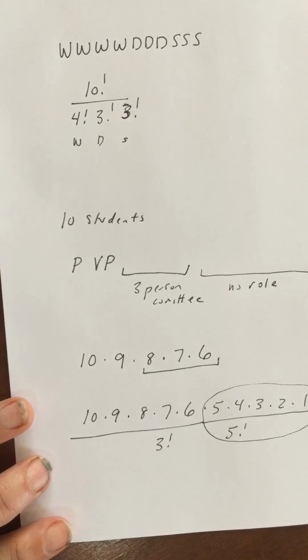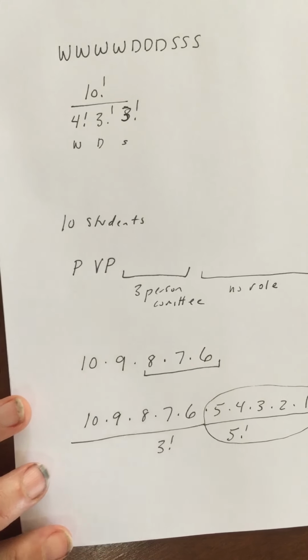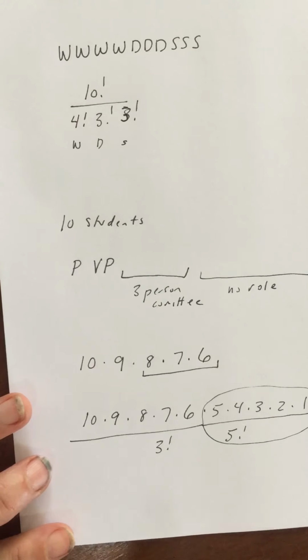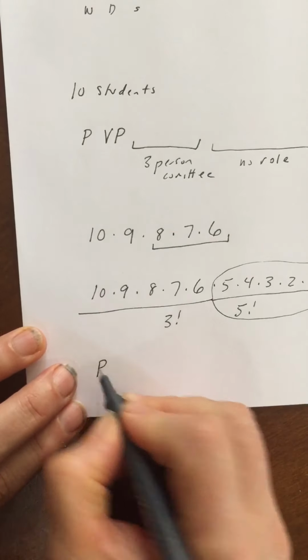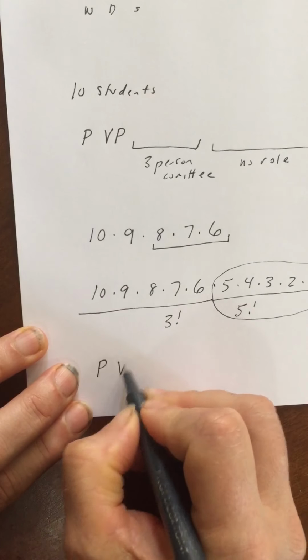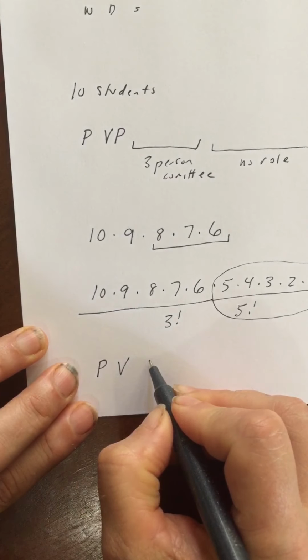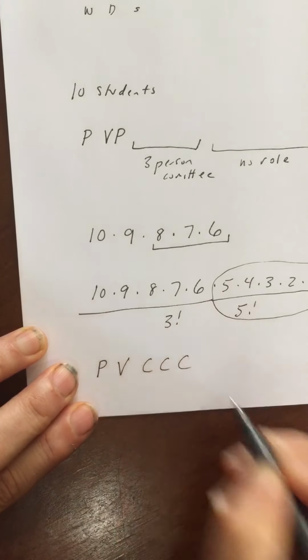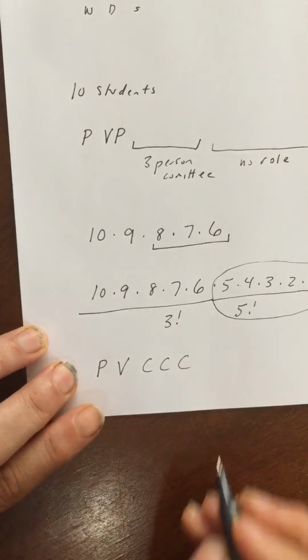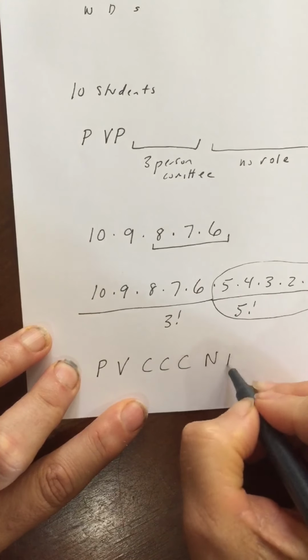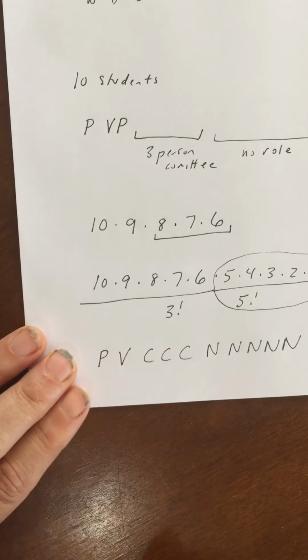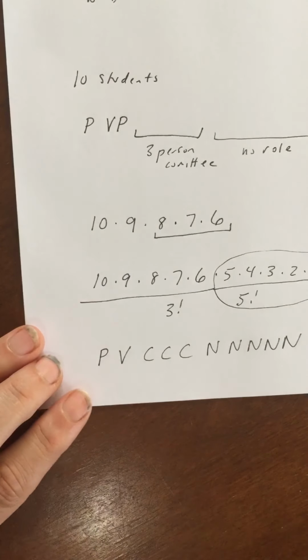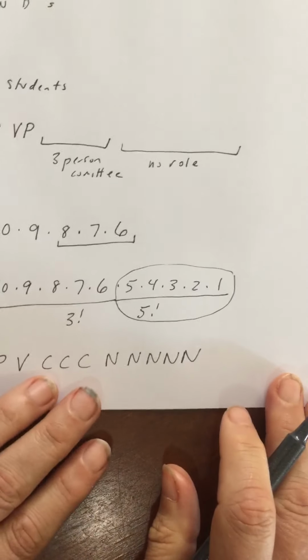But again, what I want to draw the connection to is, it's analogous to, I pick a president, I'll use V for vice president, V, and then I have, let's say, 3 people that are on the committee, okay, and then I have 5 people with no role whatsoever. Okay, so again, what I could do is treat it just like a letter problem, okay?